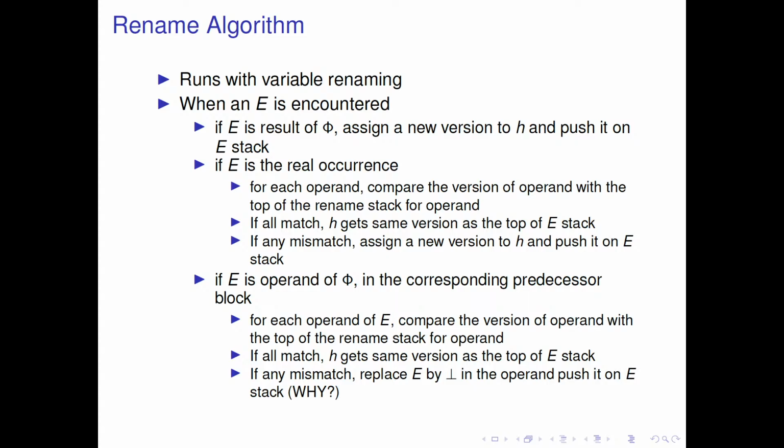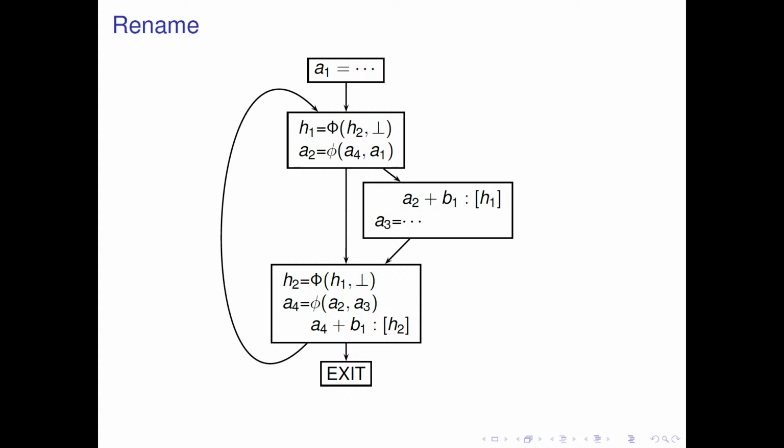Okay, so let's look at this example. You have the example, right? So on this path A has version 1, clearly there is no version for E, there is no E, so you have to replace it with bot. Your versioning will not match. Along this path, this is a user entered expression.